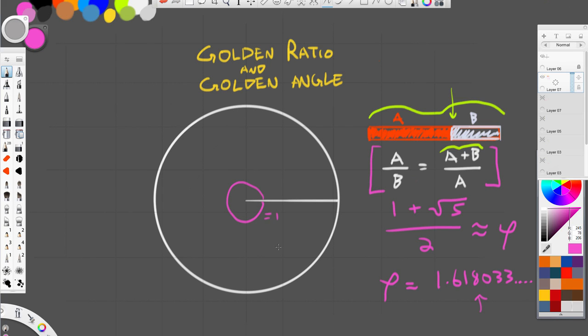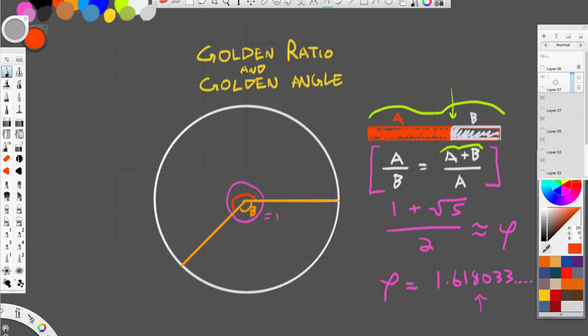Let's set that equal to 1. And if we wanted to know what the golden angle was, let me bring out the ruler here and draw this nicely. That looks roughly right.